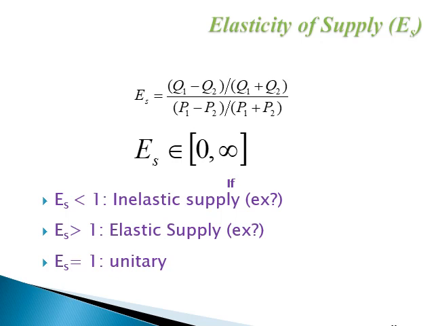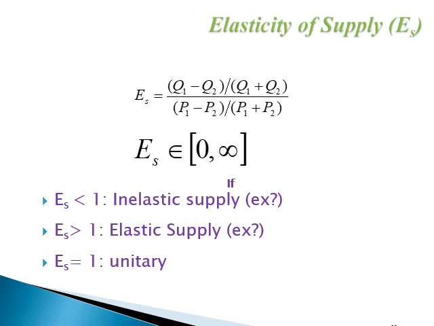If the quantity supplied goes up by 1% as a result of an increase in the price by 1%, we have a unitary elastic supply. And as you can see here, the elasticity of supply ranges between 0 and infinity. Theoretically, definitely we don't have infinity in practice, but theoretically we can have that. Also, we can have another extreme called the zero value. When the price went up by 1%, nothing happened to the quantity supplied. In that case, the elasticity of supply will be 0.